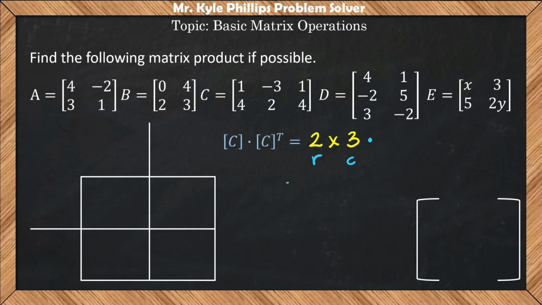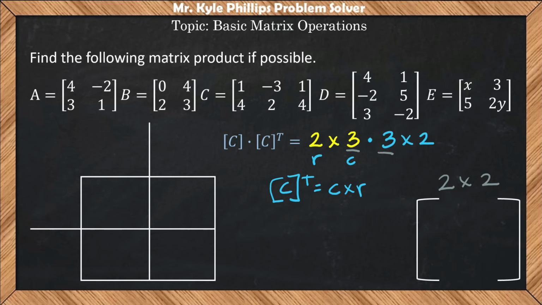So C transpose will have the dimensions of the columns by the rows, which means it will be a 3 by 2. In order to multiply these, we have to make sure that the interior dimensions are the same, which they are, which means that the resulting dimensions will be the outside values. So my solution should be a 2 by 2 matrix.